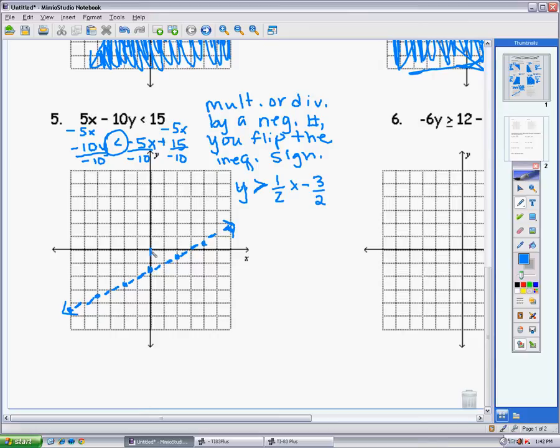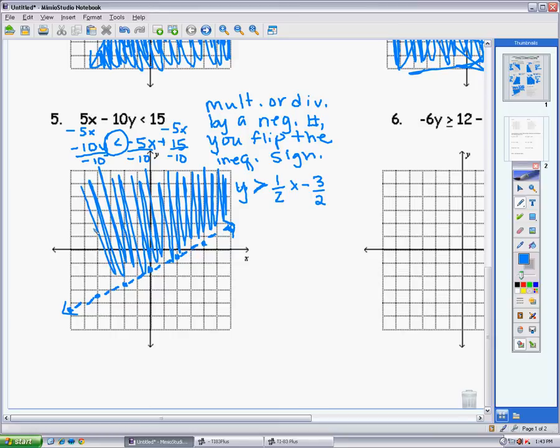So here are my y's that are bigger than the line. So I know I'm going to be shading in above the line because my y values are going to be greater than what I've graphed. And so that's going to be my equation, or my graph with the inequality.